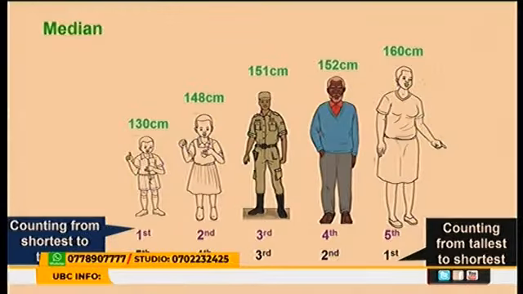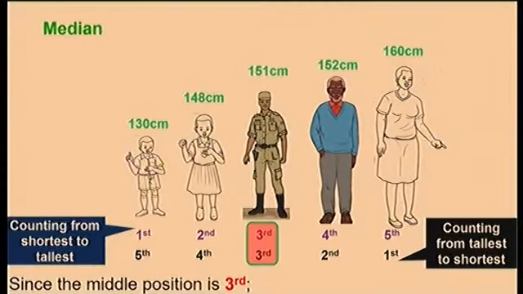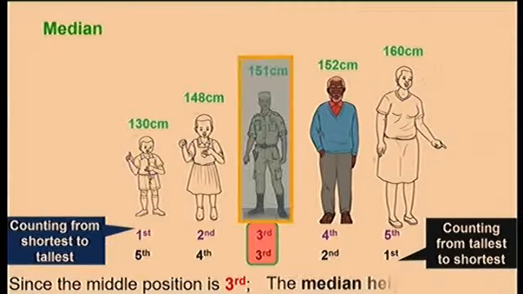Now, after arranging, we are going to look at the position that is in the middle. So from either side, which position is in the middle? We can see that the third position is in the middle. Whether you count from the tallest or from the shortest, you'll get the third position, like you see on your screen.